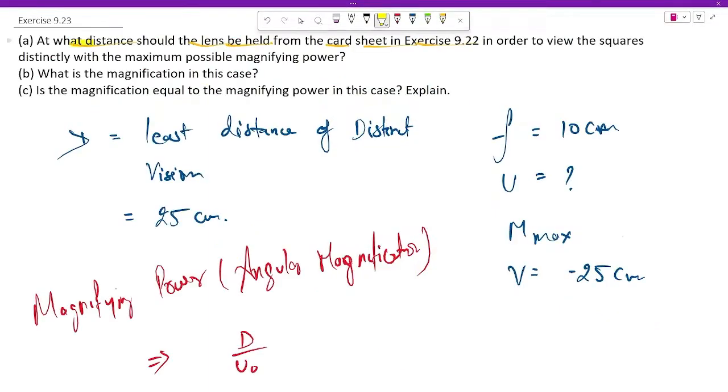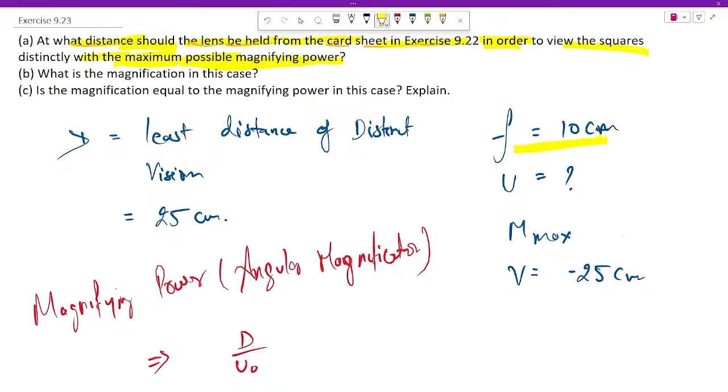The question says, at what distance would the lens be held from the card sheet in exercise 9.22 in order to view the squares distinctly with the maximum possible magnifying power. Here it is asking what is the distance of the object from the previous question, so that we can view the image properly with the maximum magnifying power. This question is taking the data from the previous question, and the focal length of the convex lens was 10 centimeter.